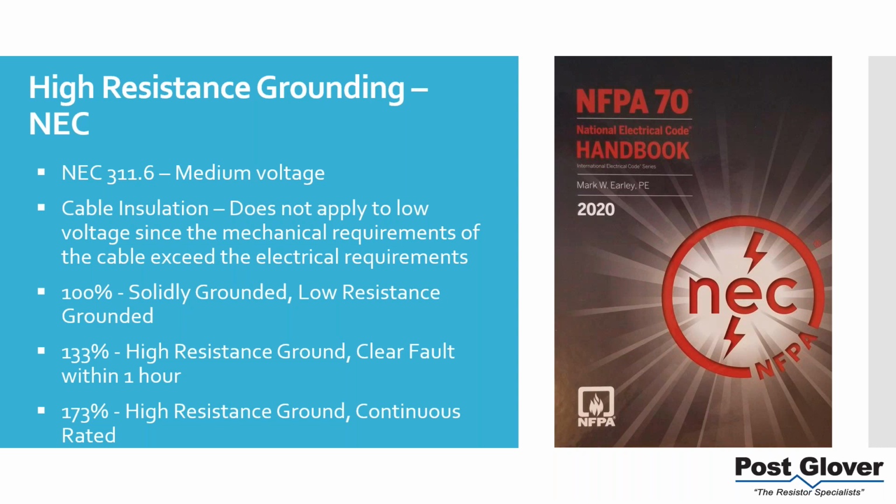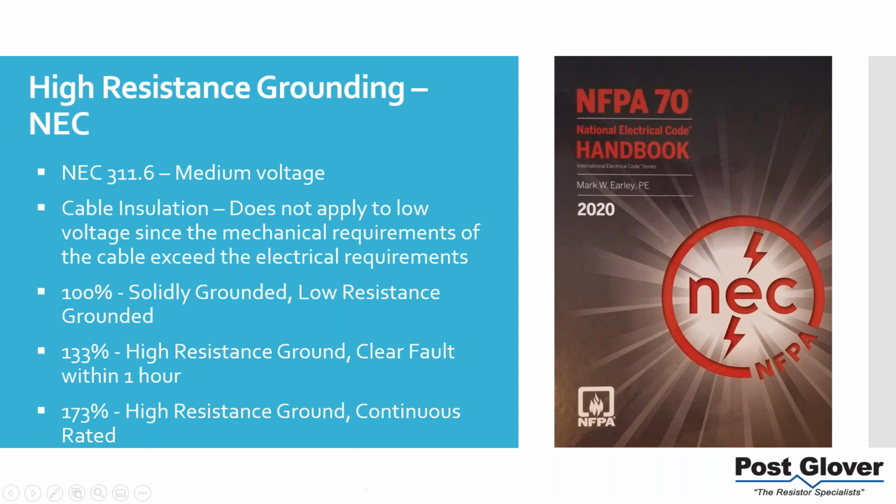And here's a chart that shows you per 311.6, a solid ground system or a low resistance ground system would use your standard cable. So if you had a 5 kV system, you'd use 5 kV cable. And then if you wanted to use high resistance ground, but you wanted to clear the fault within an hour, you could use 133% rated cable. And then anything higher than that, you would need a fully continuous rated 173%. And like I said, that adds a bit of cost.